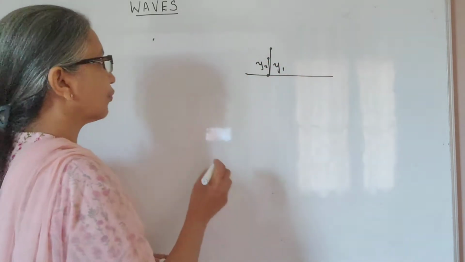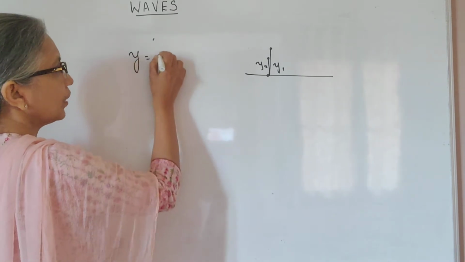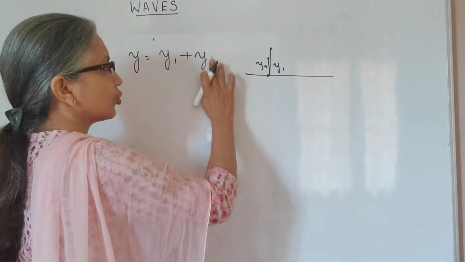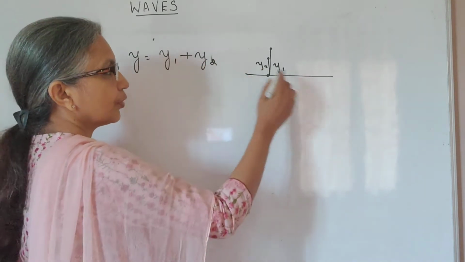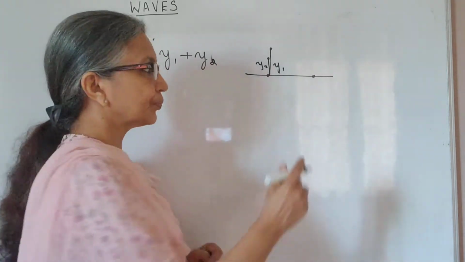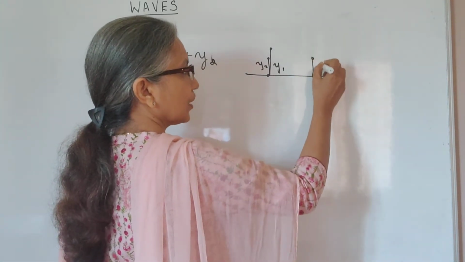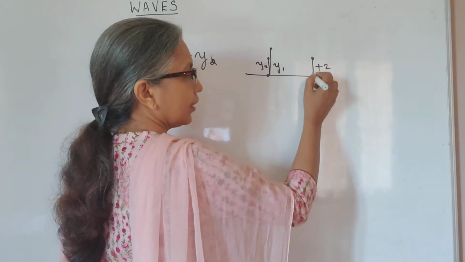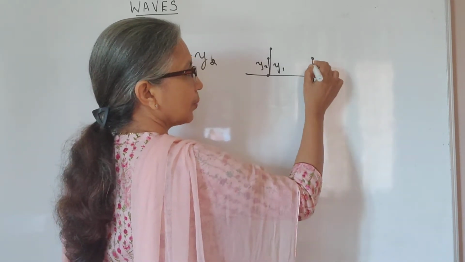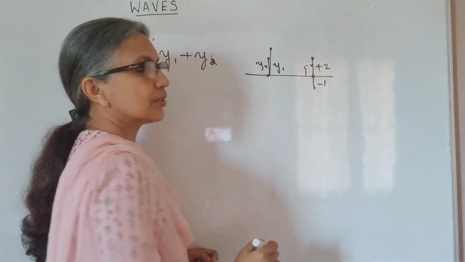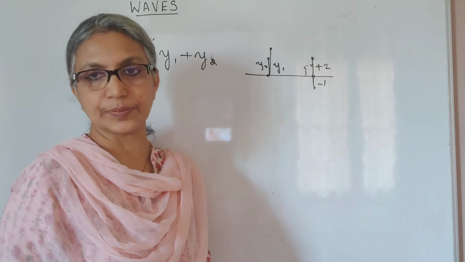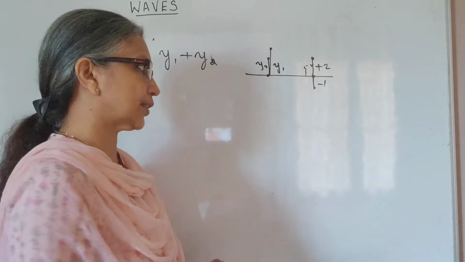Then the net displacement of the particle y will be the algebraic sum of the displacements produced by the individual waves. So if this particle is acted upon by two waves simultaneously, and one displaces it through plus 2 from the mean position and the other causes a displacement of minus 1, then the net displacement of this particle will be plus 1, which is the algebraic sum of plus 2 and minus 1. This is what the superposition principle states.